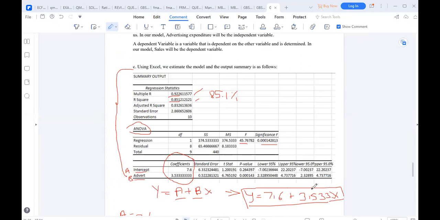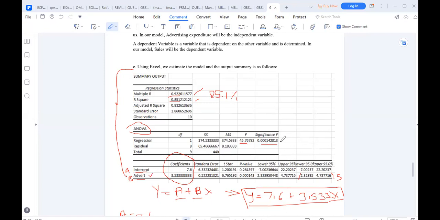The lower bound is 2.3, the upper bound is 4.73. These are both positive. So it means advertising has a significant impact. It's affecting our regression equation significantly.